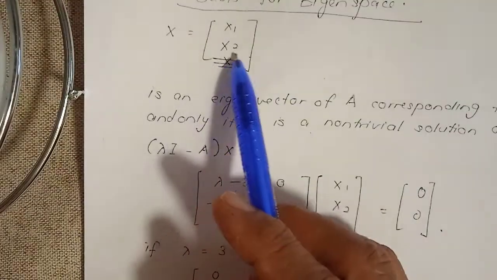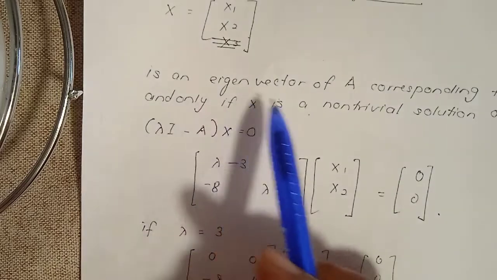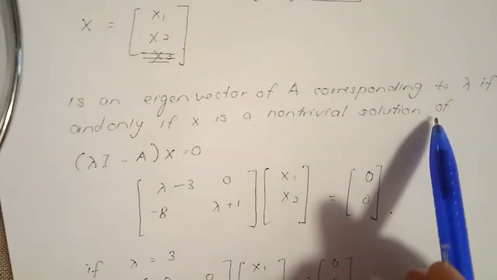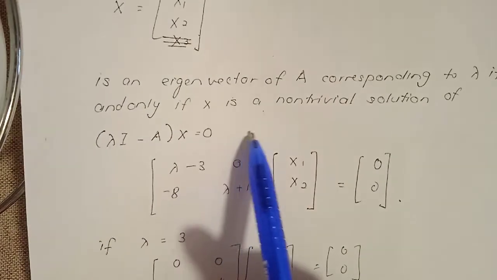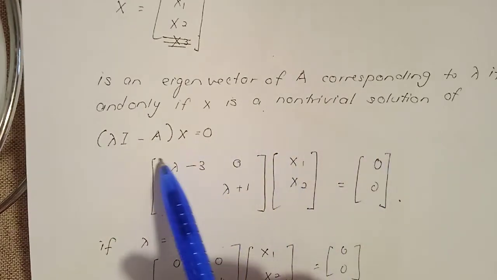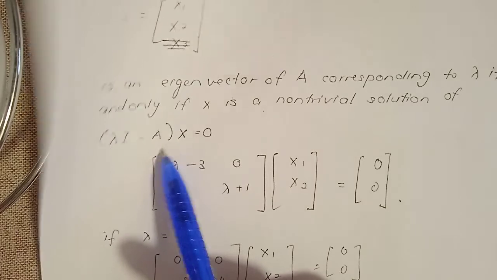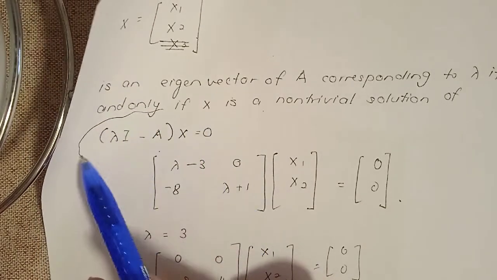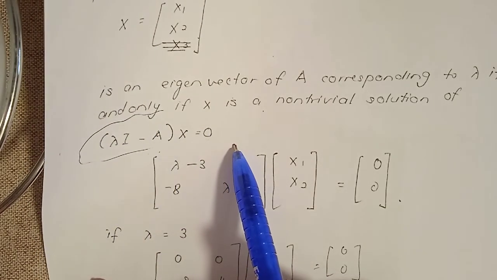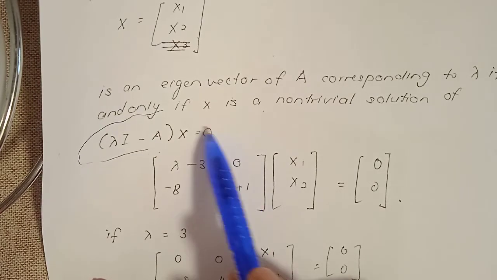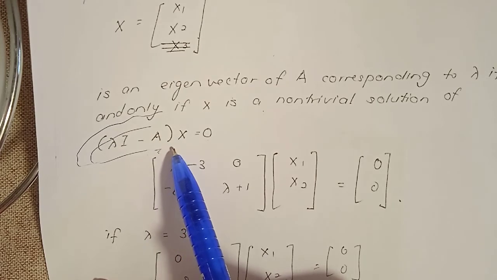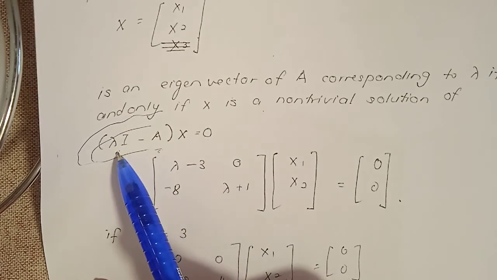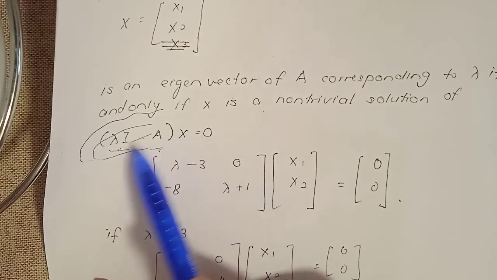Let X = (x1, x2) be an eigenvector of A corresponding to lambda if and only if X is a non-trivial solution of (lambda identity minus A)X equals 0. This is from the definition of eigenvector. So we need to find the eigenvector for this homogeneous system of equations.